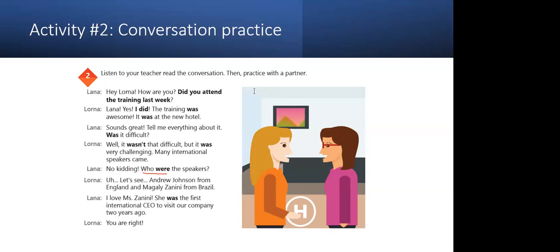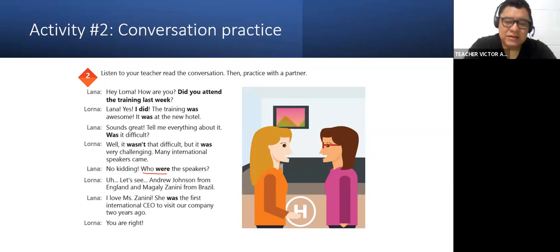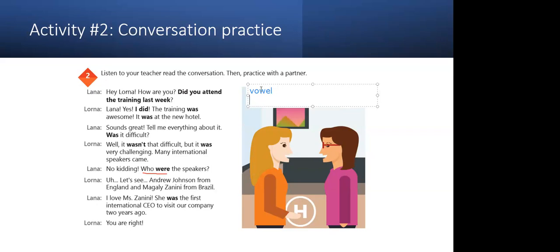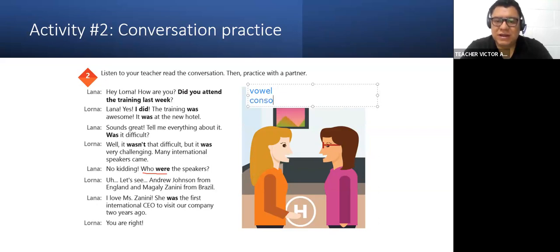Vowel. That's correct. And how do you say consonante in English? Consonant. That's correct. Great job. So I will write it here in English.